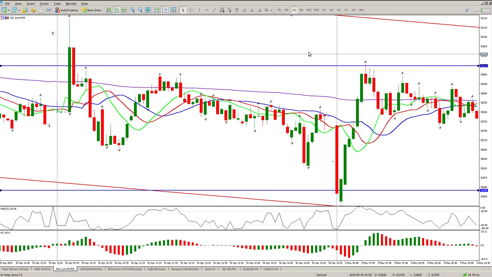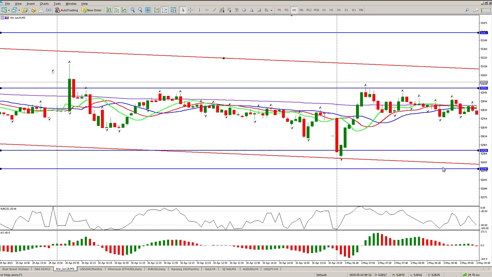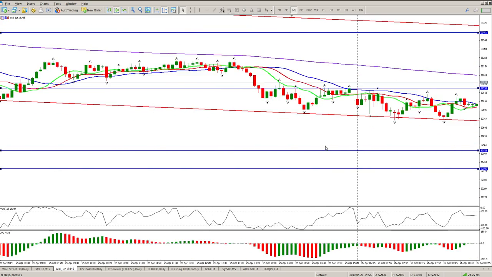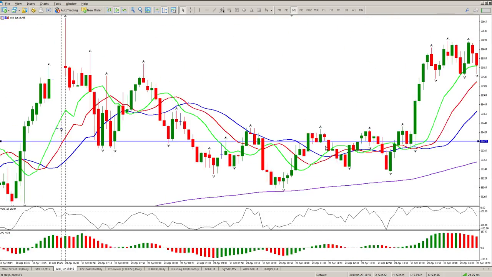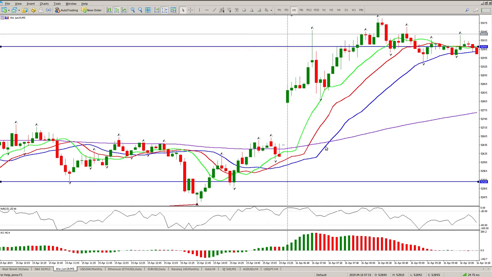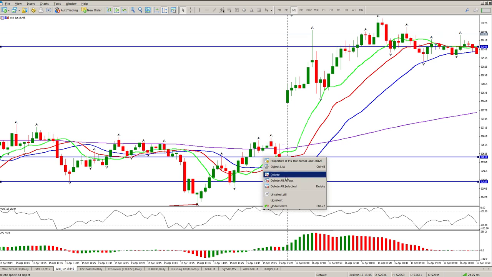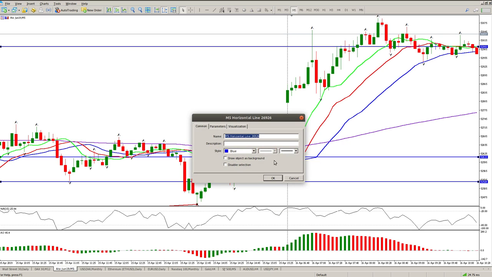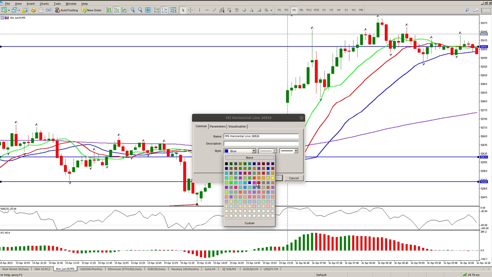Nope, the gap is closed. Okay, sorry. So this level here is where the gap is. I have to go back quite far for it. Just to show you. Oh, there it is there. So there's our gap there. So let's just put that in there and change that to a red.